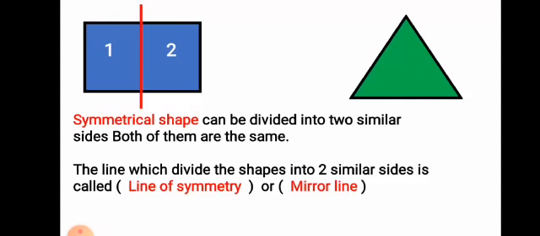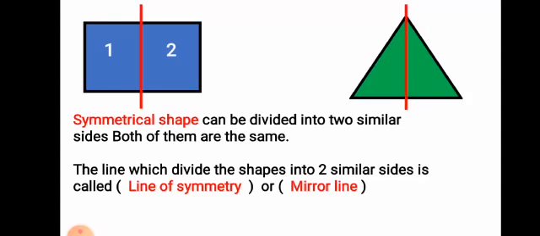All we need to do is, very good, to divide this shape into two sides, side number 1 and side number 2. If we have here two similar sides, so this is a symmetrical shape.